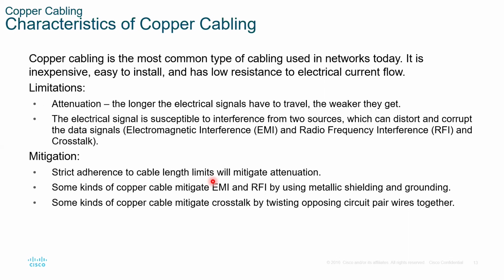Then a standard which defines that copper cabling is a bit stronger might allow 10, 20 meters, but you rarely see types of copper cabling, especially UTP and STP, over 100 meters. It's because of attenuation, right?